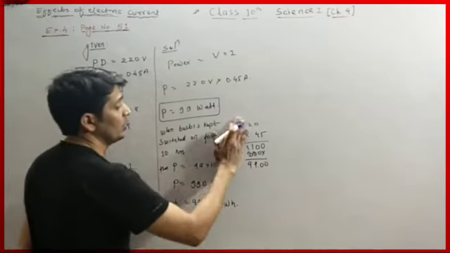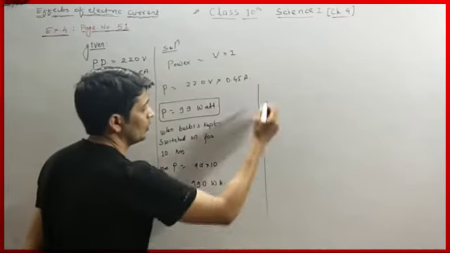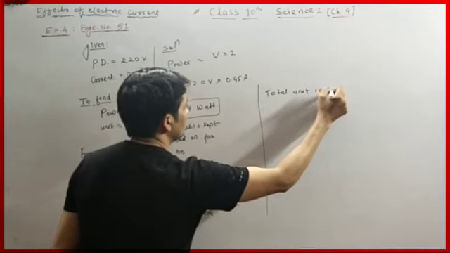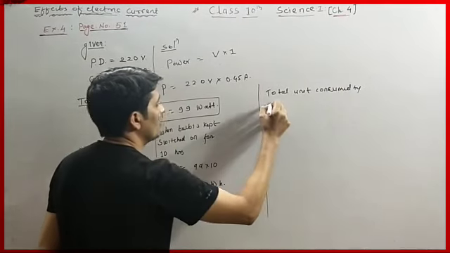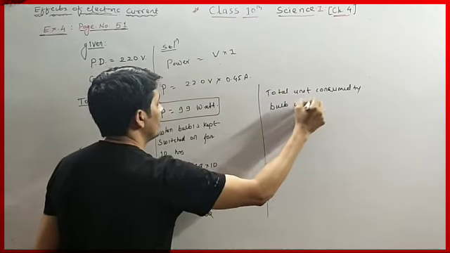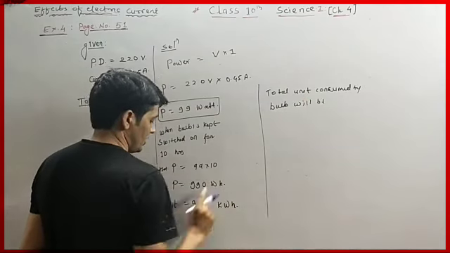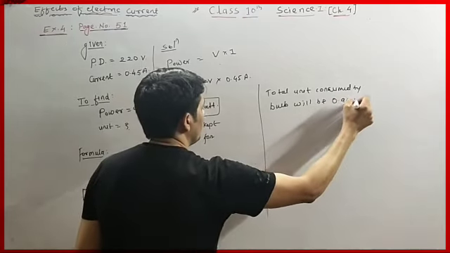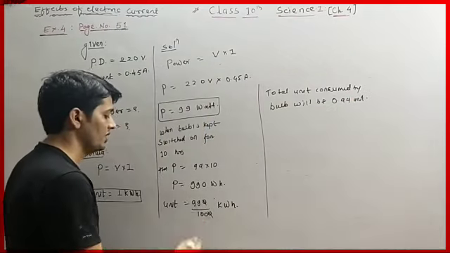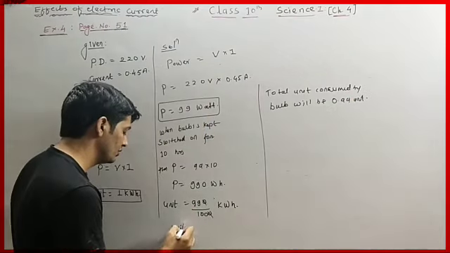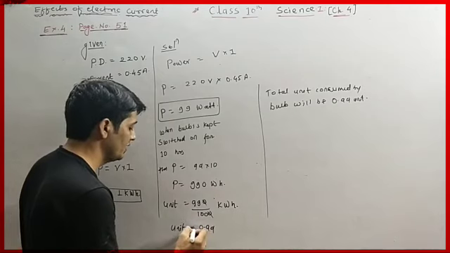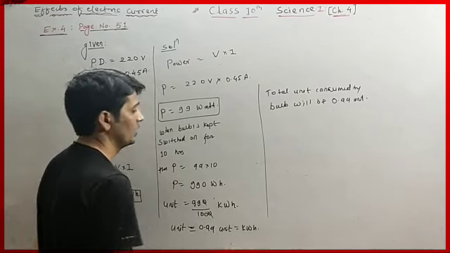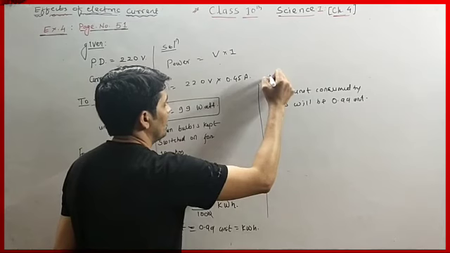So the total unit consumed by the bulb will be 0.99 unit. Okay, that means the answer is 0.99 unit, and unit is equal to kilowatt hour. Okay, so this is our result.